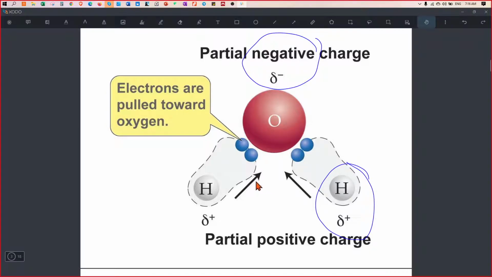Okay, and there is an angle to this, and this is why water can interact with other molecules, with other ions, because it has got this negative and positive partial charge. Okay, so it's not completely neutral. If it's neutral, if it's inert, it cannot interact with other things, and it cannot become a good solvent. And due to this property, that's why water is regarded as the universal solvent.